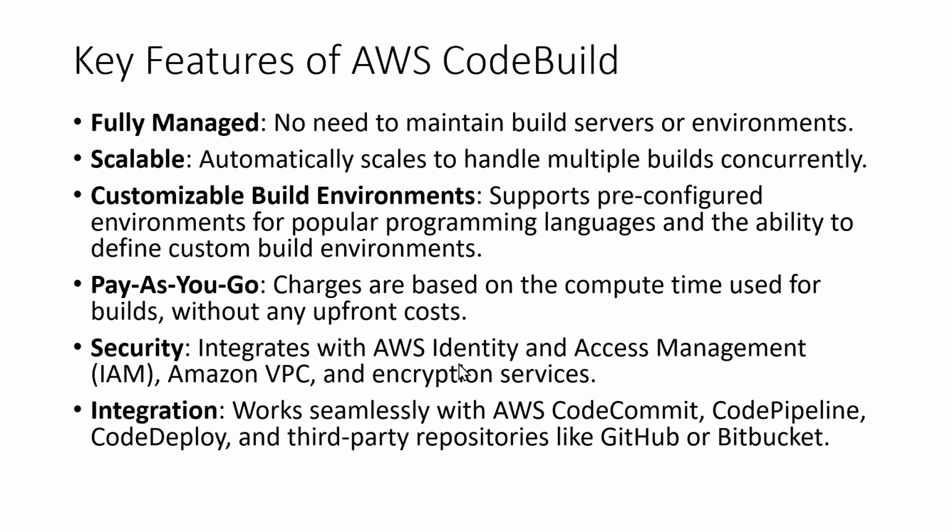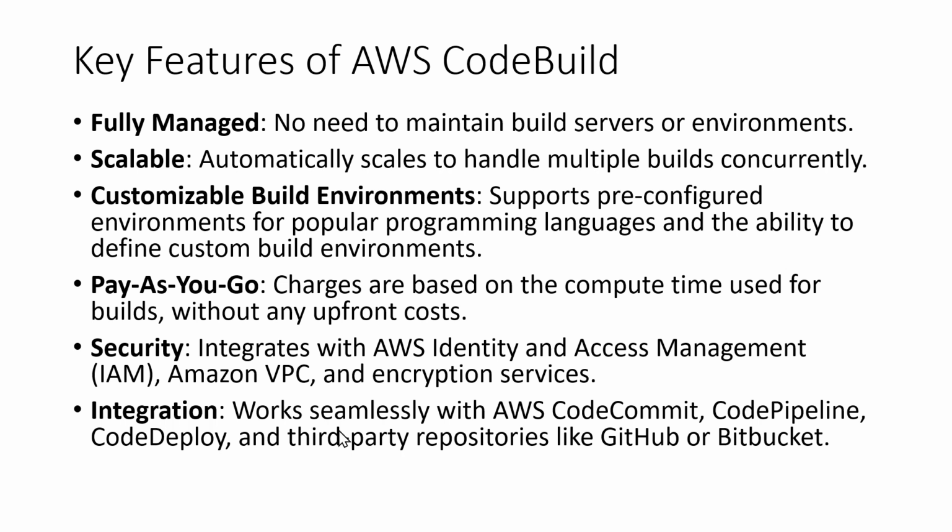And we can integrate IAM, so we can restrict the users also. We can run our builds, that is CodeBuild, within our private VPC, and manage with IAM and identity services. Fine.